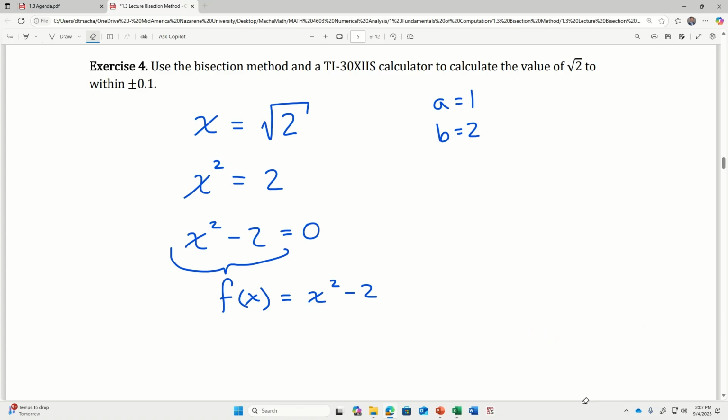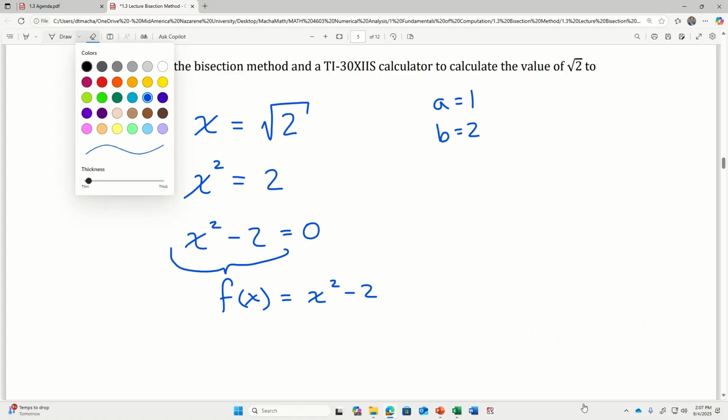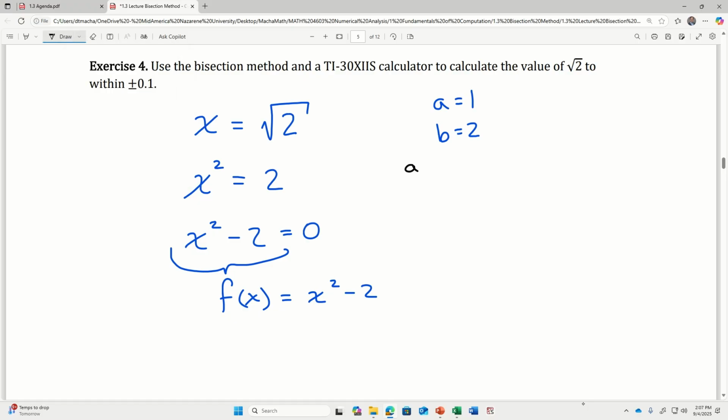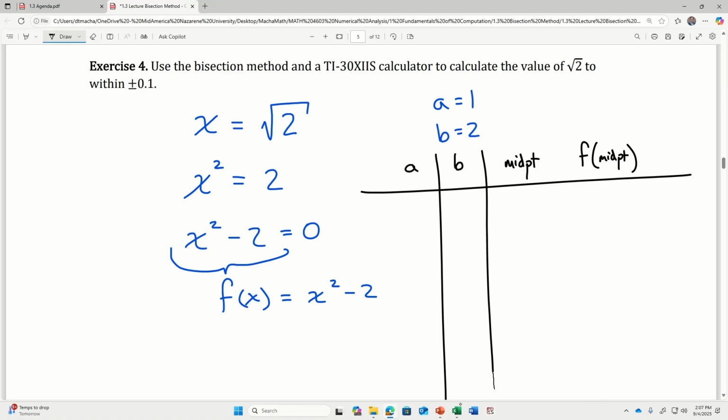And it could help to make a little table here of like, what's my lower bound, what's my upper bound, what's my midpoint, and then what's the function value at my midpoint. And we could also keep track of what iteration number it is.